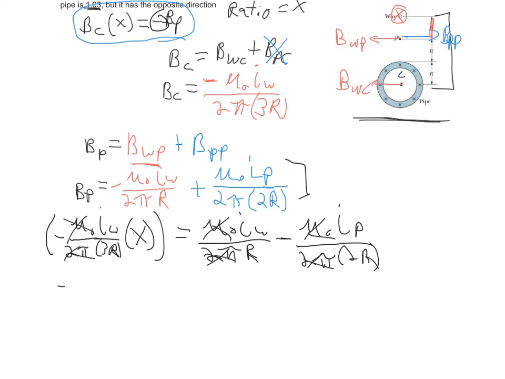I'm going to have negative I in my wire times my ratio x over 3 equals just I in my wire, since everything else canceled out, minus I in the pipe over 2.